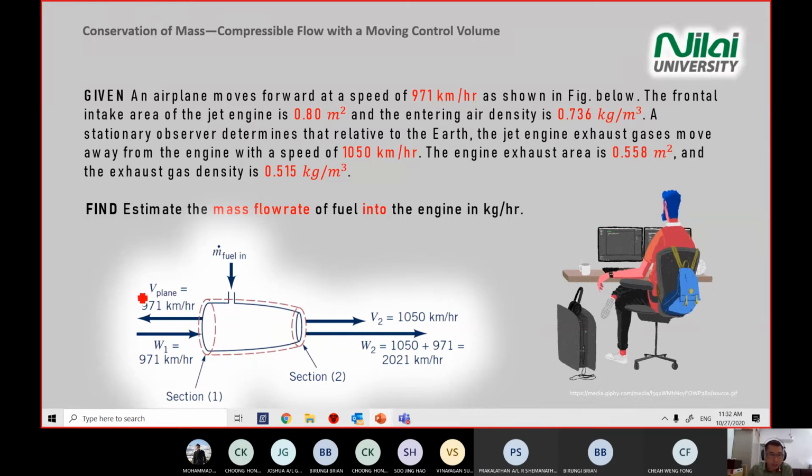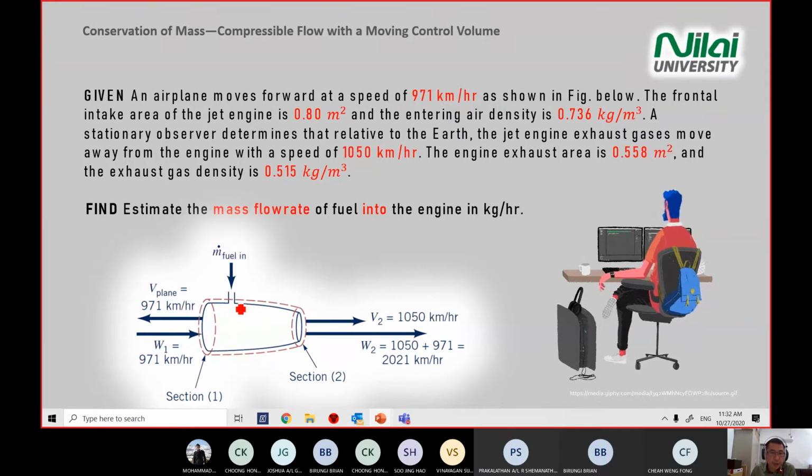Okay, I think I don't need to explain about the velocity in and out already. Okay. The V here, you see the arrow. V plane is moving out. V plane equal to 971. V2 is the exhaust velocity, 1050.